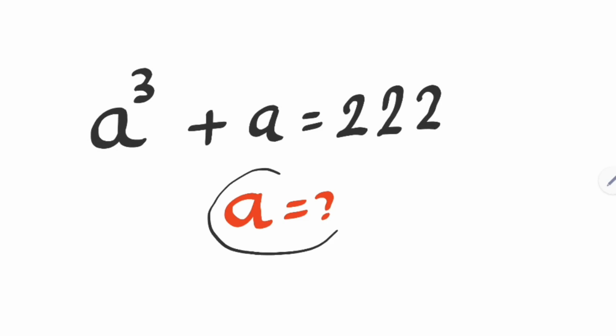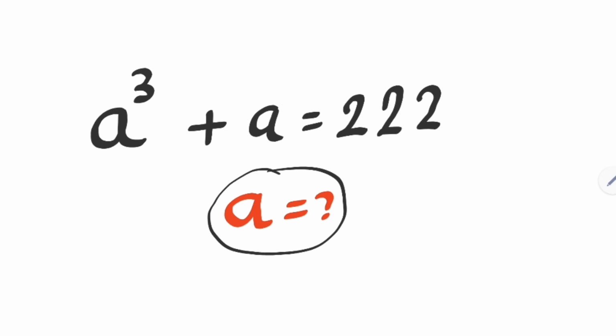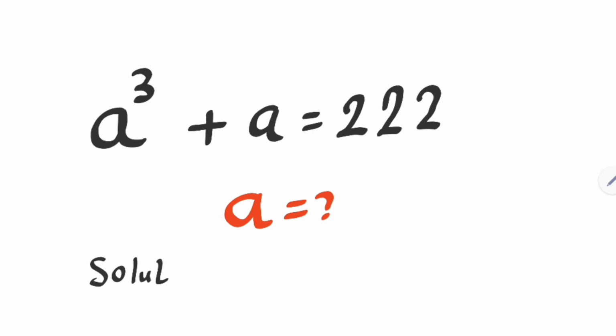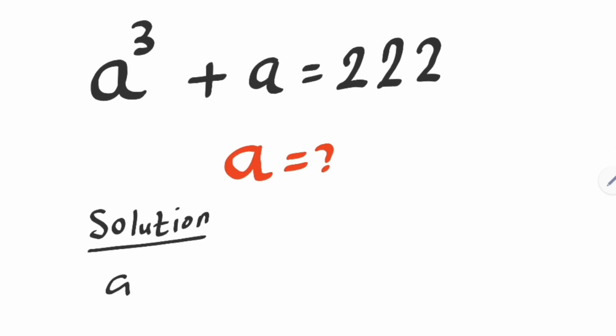Let us solve for a, given a raised to power 3 plus a is equal to 222. The given equation is a raised to power 3 plus a is equal to 222.